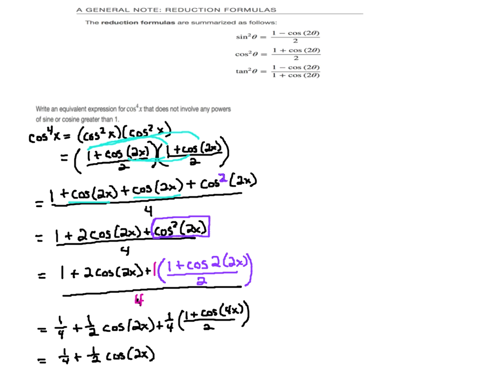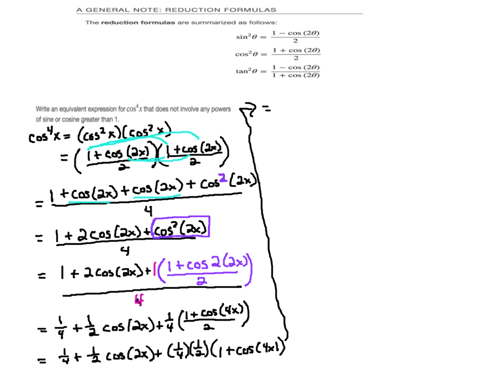Okay, now I'm gonna multiply. No, I'm sorry. Yeah, I'm gonna pull that 1/2 out front. So plus this is 1/4 times 1/2, and then that's just now multiplied by what's in the numerator, 1 plus cosine 4x. Okay, so I've got to come up over here to finish.